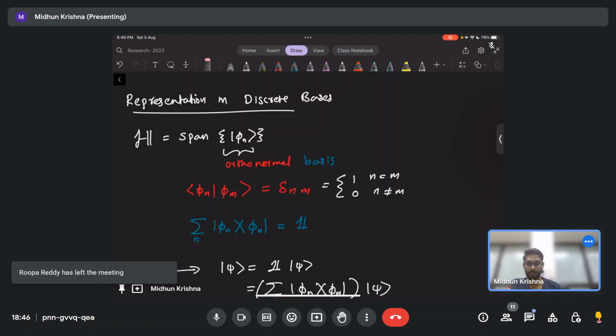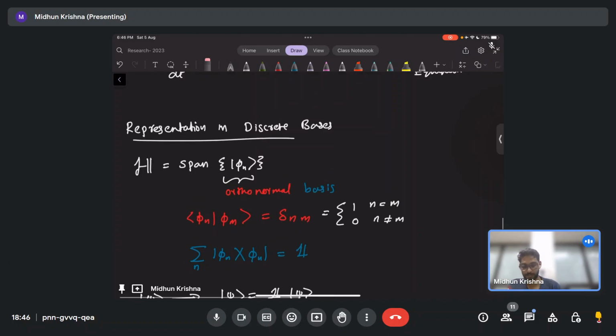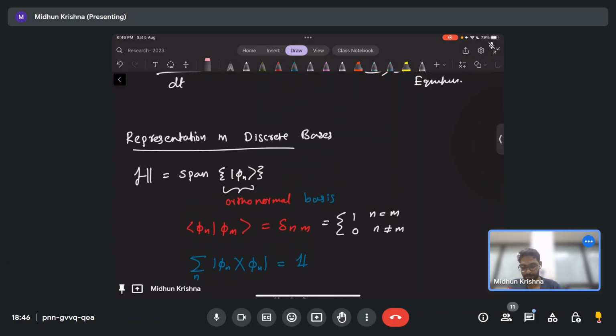States of a quantum system are described by a vector in a Hilbert space. Let's assume that we have a Hilbert space H, which is spanned by some vectors phi n. The set of all phi n's forms a basis. This is just like saying if I take the three-dimensional space, there's x, y, z direction.